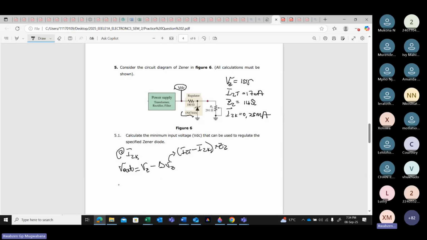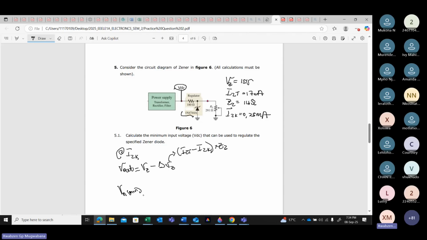Once you find your V out, they want the minimum input. How do I find the minimum input? Remember, I'm going bare minimum, to the lowest.